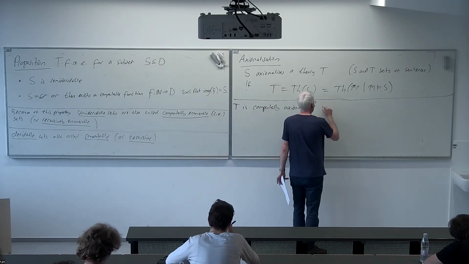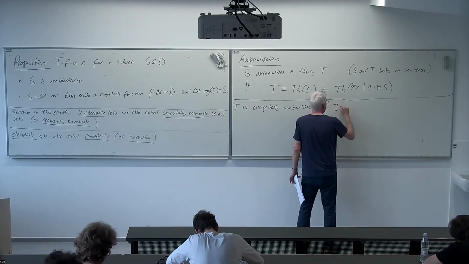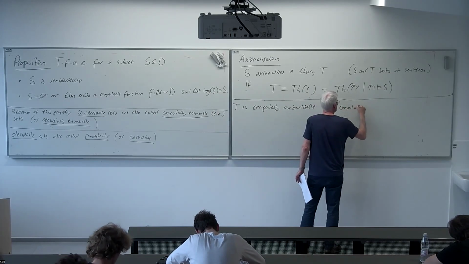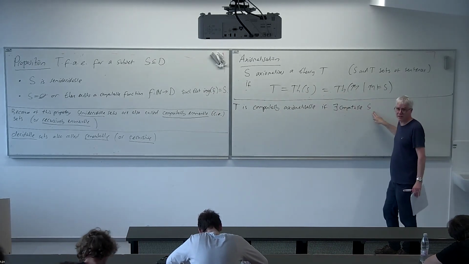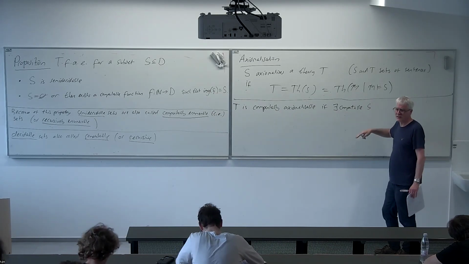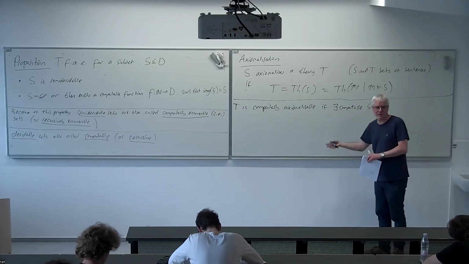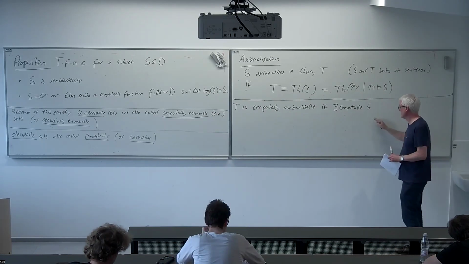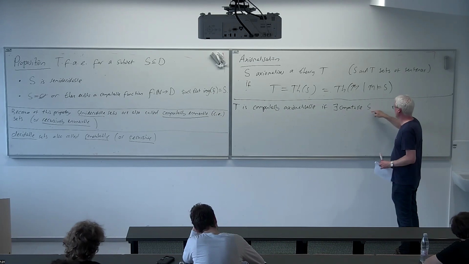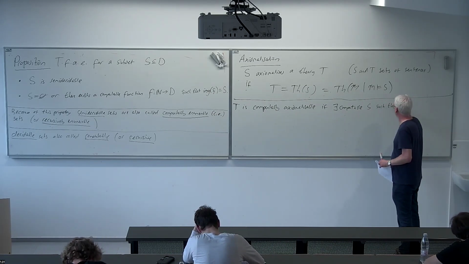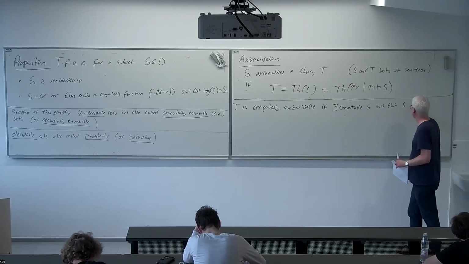So if there exists a computable S, remember, computable means decidable. But people never say decidably axiomatizable, so in this case we always use computably, but it means decidably axiomatizable. So if there's a decidable set of axioms such that S axiomatizes T.